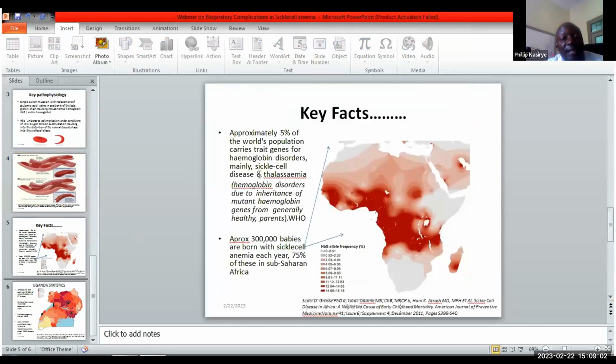So looking at the epidemiology, it is estimated that 5% of the global population carries the sickle cell gene and the thalassemia gene. These are the common hemoglobin disorders. About 300,000 babies are born with the abnormal sickle cell gene globally each year, and 75% of these are in sub-Saharan Africa.